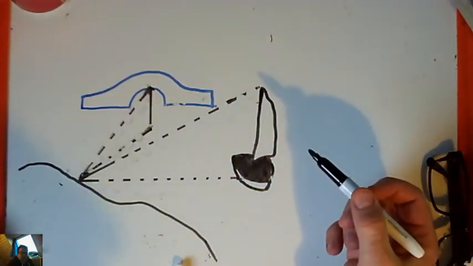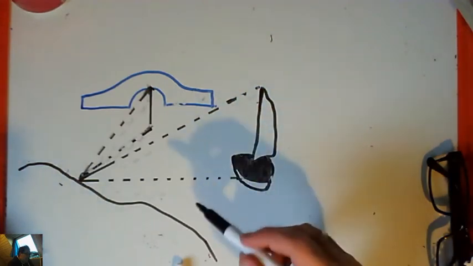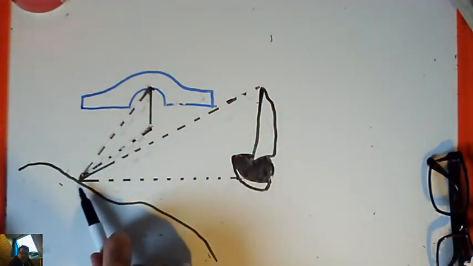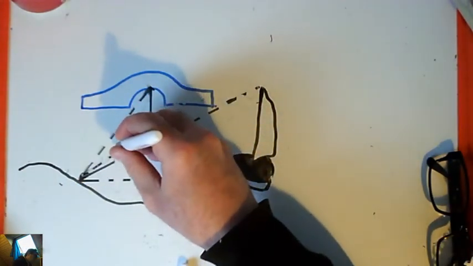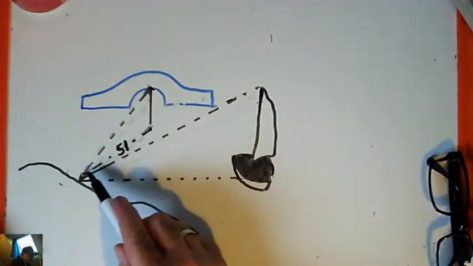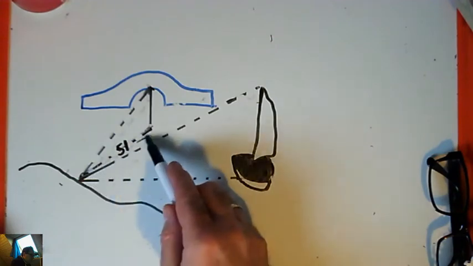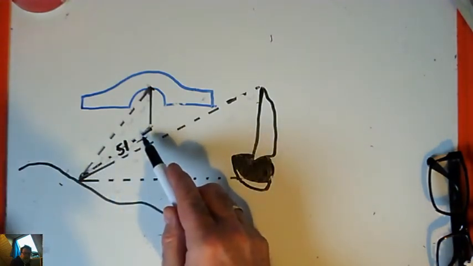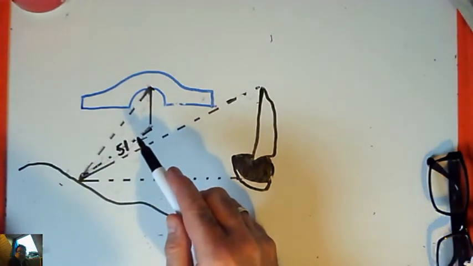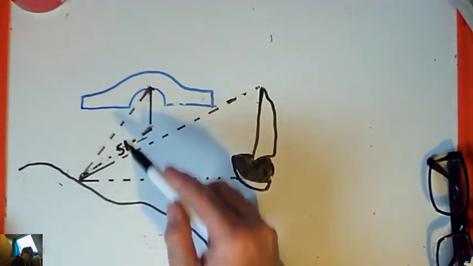Okay, so the next question says, from a point at the water's edge, which is down there in the corner, a bridge arch is 51 meters away. So they've got a triangle there, and 51 meters to the bridge arch, and it has an angle of elevation of 3 degrees.